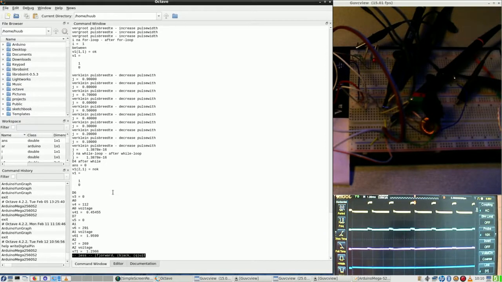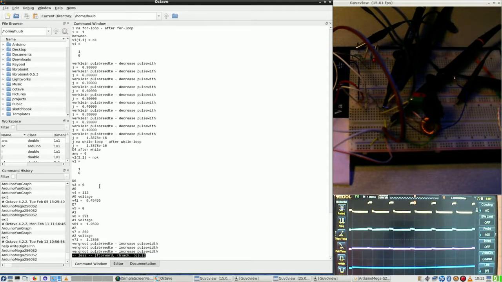But what are the outcomes? Voltage 112 versus 0.45. 291 versus 195. 269 versus 132. Okay, is there a relation between those voltages?